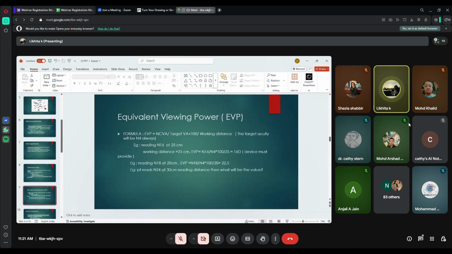So, for example, the patient reads N16 at 25 centimeters. So the working distance here is 25 centimeters. Then, converting into the formula, EVP is equal to N16 divided by N4 into 100 by 25. That means the patient here needs a 16 dioptric device to be provided.